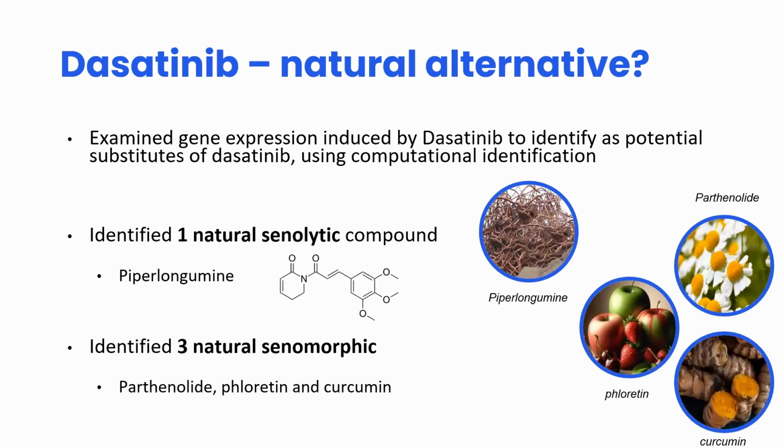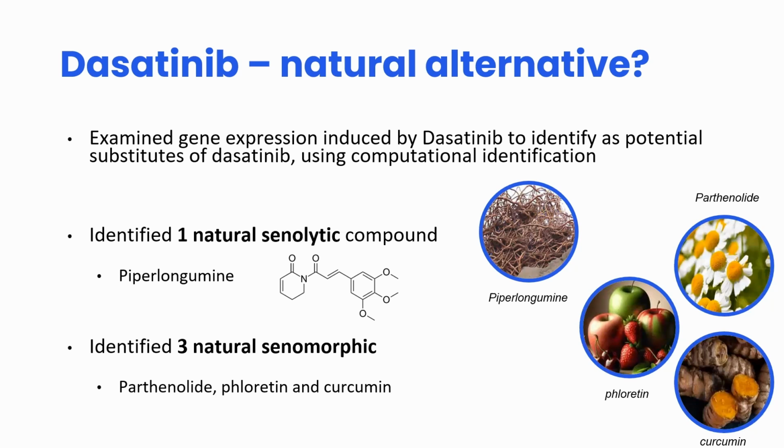Okay, so coming back to the combination of dasatinib and quercetin, it's a pretty difficult ask to tell a client to take an anti-cancer drug to improve their skin health. A paper released months ago by a German medical research institute asked the same question: is there a naturally occurring alternative to this anti-cancer drug that can be used in combination with quercetin as a senotherapy?